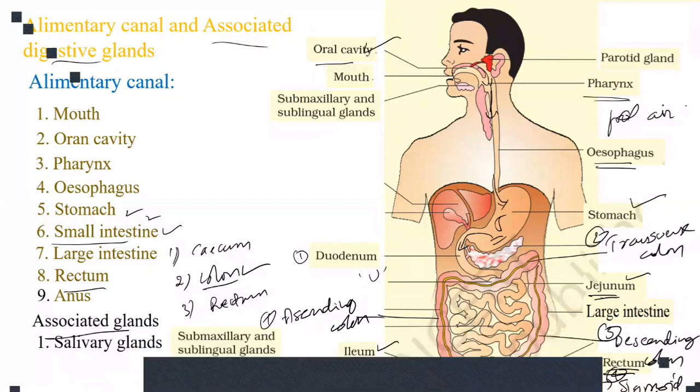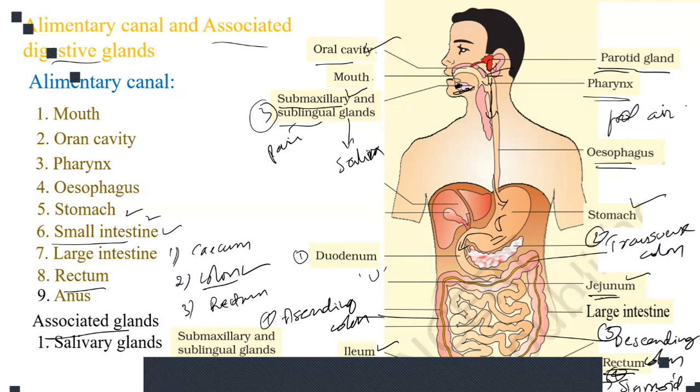There are three pairs of salivary glands. One pair is present near the ears, called the parotid gland. Two more pairs are present in the oral cavity: the submaxillary gland, otherwise called the submandibular gland, present at the corner of the jawbone, and the sublingual glands, which are present just below the tongue. So there are three pairs of salivary glands, and all these glands secrete a juice called saliva.